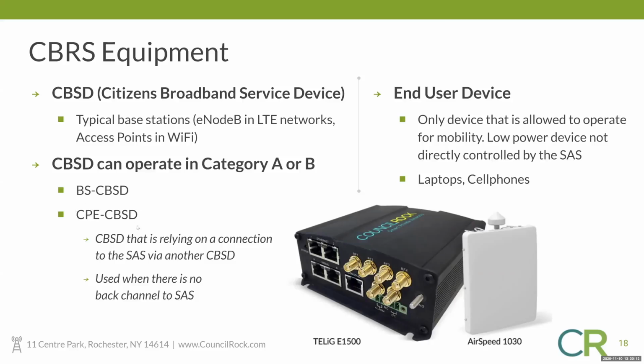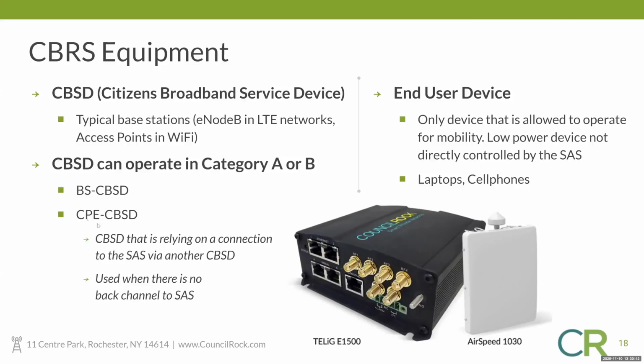So it can be a category A or a category B device. The difference between a CPE CBSD and a BS CBSD is that the CPE CBSD has connectivity to the SAS by connecting through another CBSD. So if you think of this as an end user device that is connecting to, let's say, an LTE network.